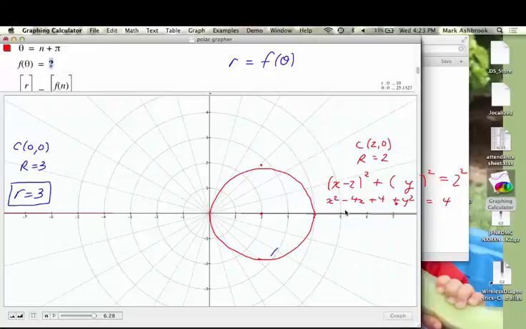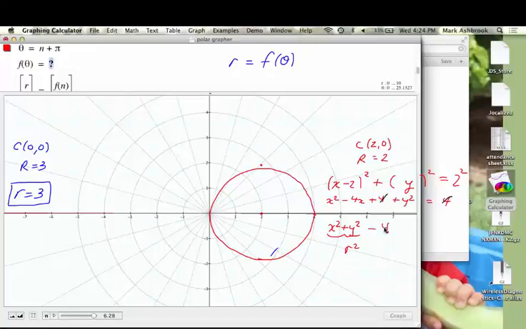And then we notice x squared plus y squared, and we got a 4 and a 4 here. So subtract 4 from both sides, and we got x squared plus y squared. What's that? r squared. Yeah, that's exactly what r squared is.